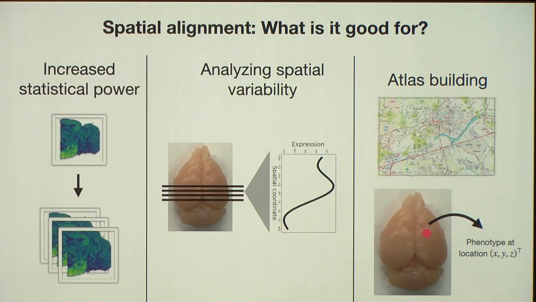We can think of an atlas as a queryable database where we can query for any spatial location and receive the phenotype of the tissue at that location, where the phenotype could be a number of things like gene expression levels, protein expression levels, certain morphology characteristics, and things like that.